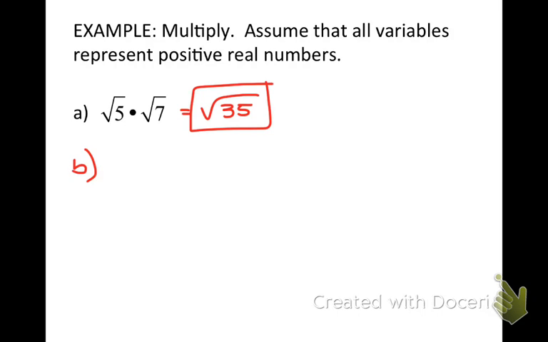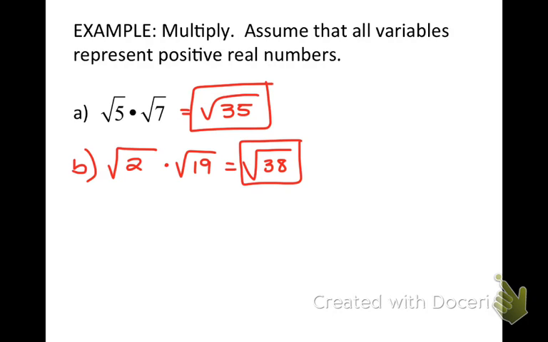For part B, we've got the square root of 2 times the square root of 19. That would get me the square root of 19 times 2, which is 38. So far, so good.